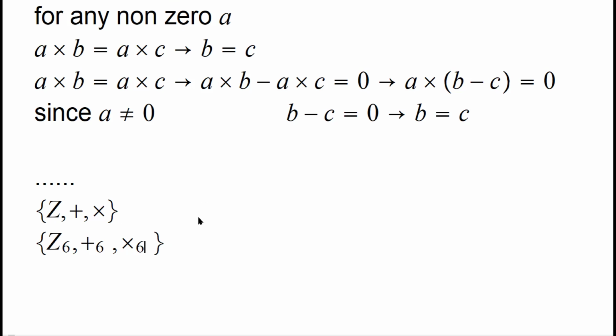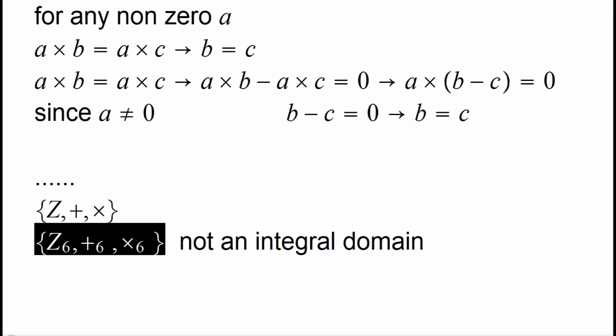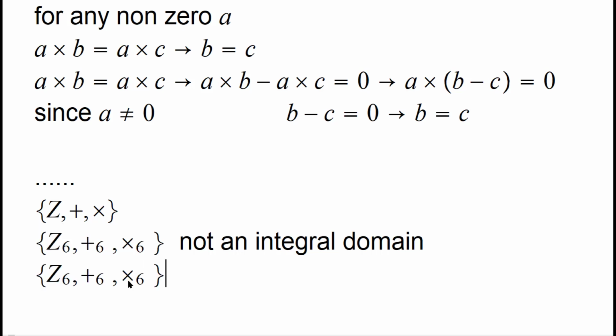But if you recall our previous discussions, if you had something like 5 here instead of 6, you saw that that's a prime number and could not be factored, and this does not have zero divisors.